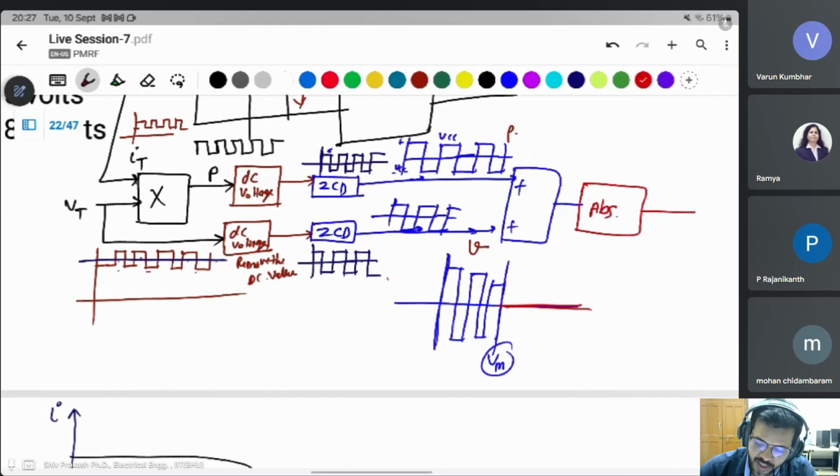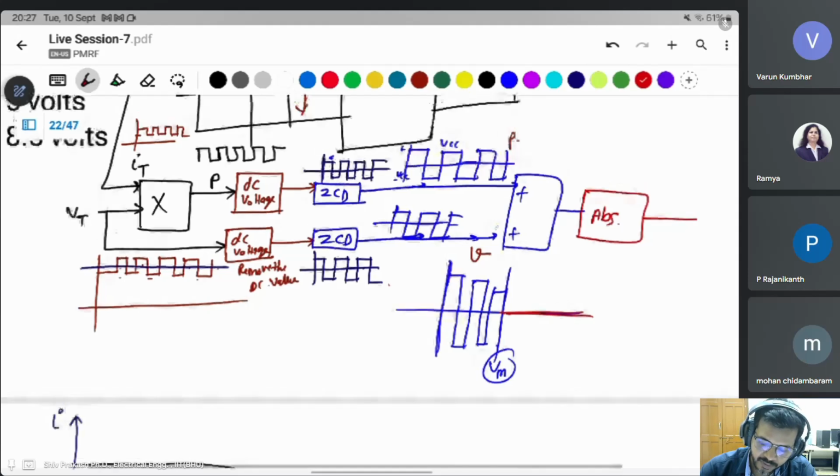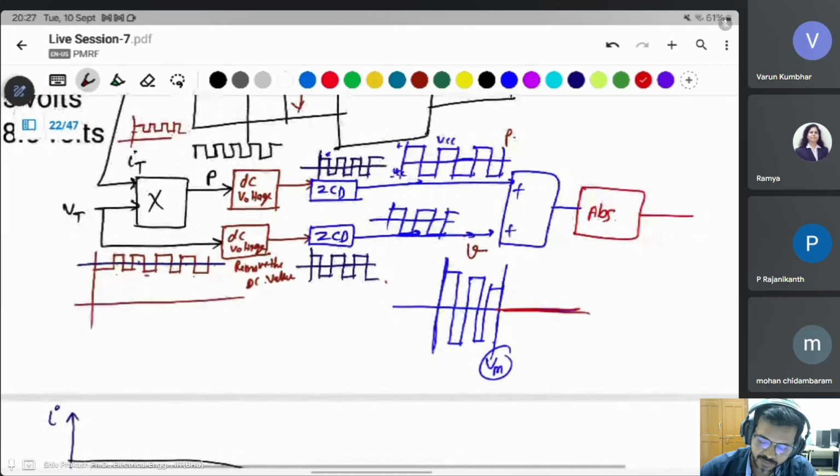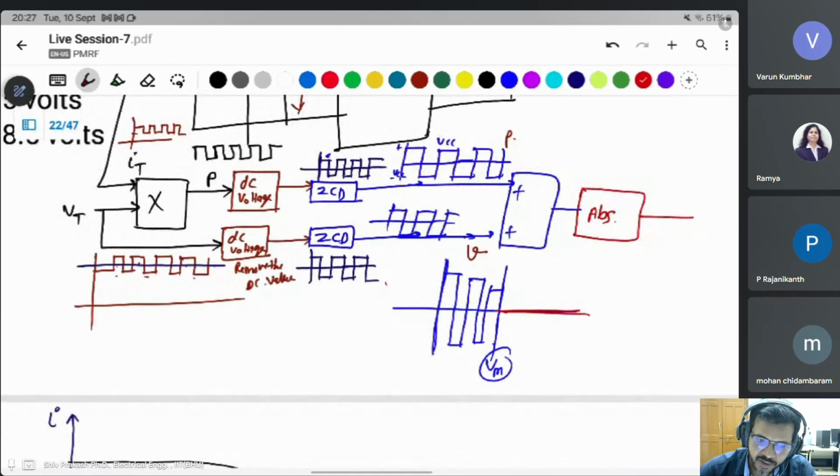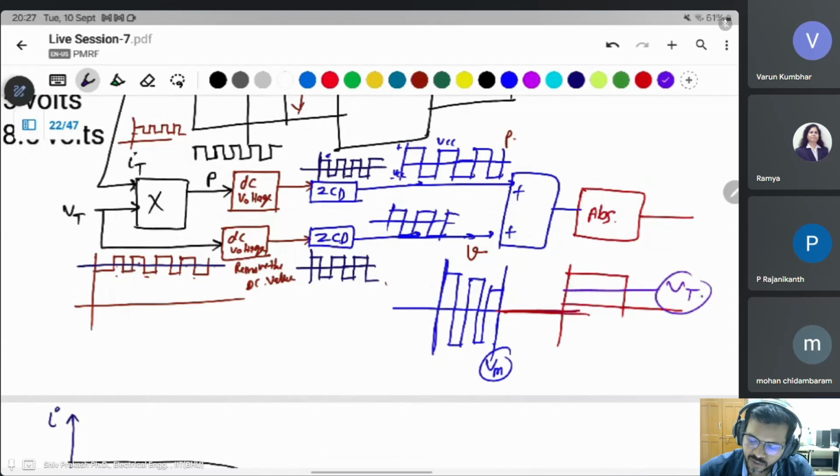If both signals add up, there is a larger value, and the absolute value means the negative part is clipped to the positive curve. Then the average of this one is Vt, the threshold voltage which is given for making a PWM.